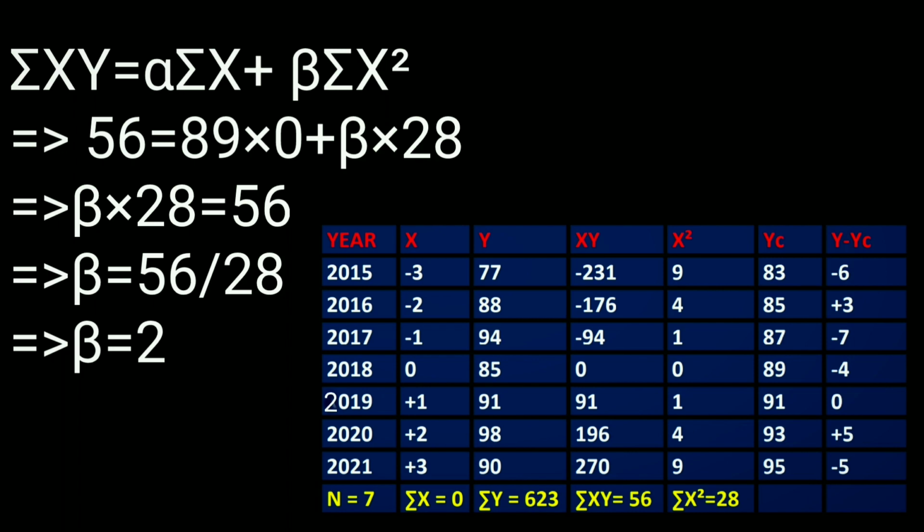Sigma x from the table is 0, plus beta has no value, we are going to find it out, so we keep it as it is. Sigma x square, we got the value of 28 from the table. Now finally 28 beta is equal to 56, and finally we got the value of beta, that is 2.